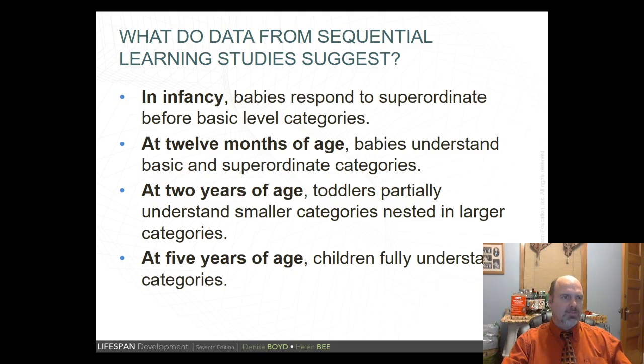At 2 years of age, toddlers partially understand smaller categories nested in larger categories. And at 5 years of age, children fully understand categories. Full understanding is linked to language development and the use of words as category labels. So they have to have that cognitive ability to form language and understand those categories.